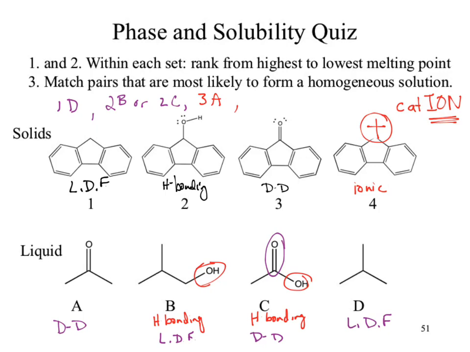4, ionic. None of those really match, so one option is to say none of them are ionic, it's not going to dissolve. Okay? But it says most likely. Which of those is most likely to do it? Why would you list C?